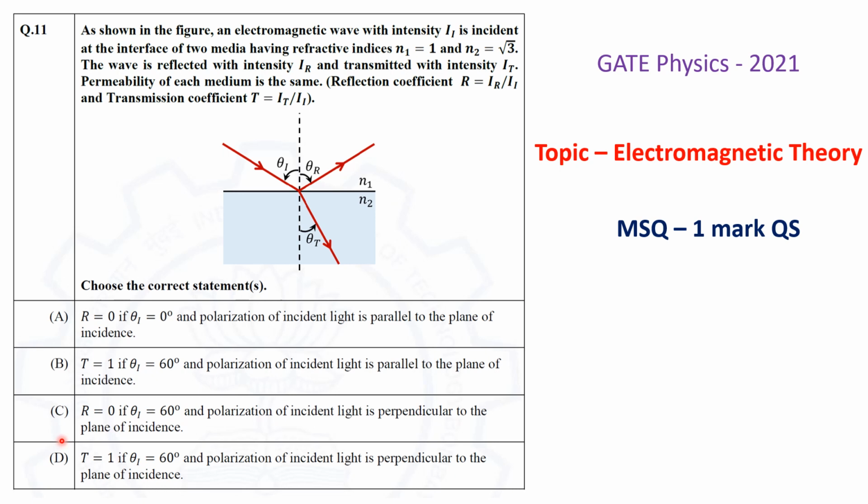Option C: R equals 0 if theta I equals 60 degree and polarization of the incident light is perpendicular to the plane of incidence. And option D: T equals 1 if theta I equals 60 degree and polarization of the incident light is perpendicular to the plane of incidence. As this is an MSQ, it is possible to have multiple options correct for this question. Let us see the solution part now.